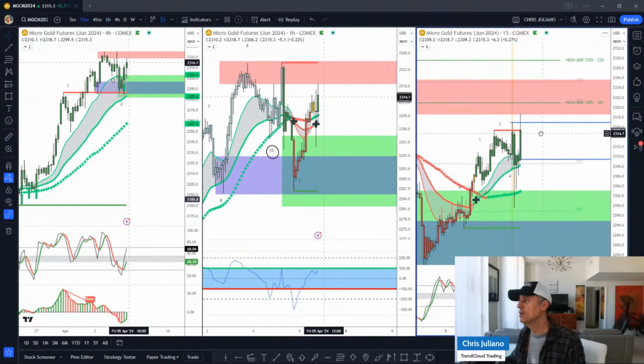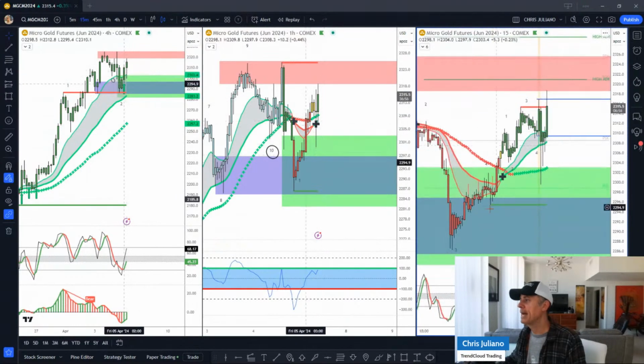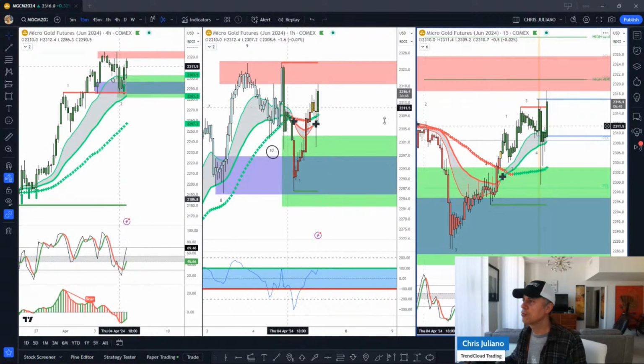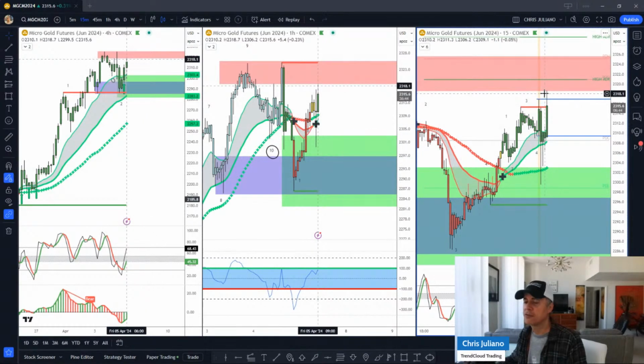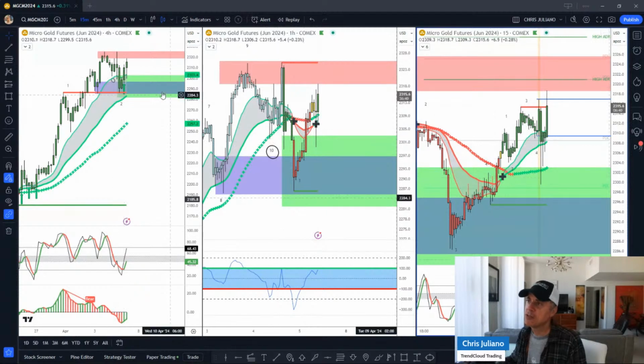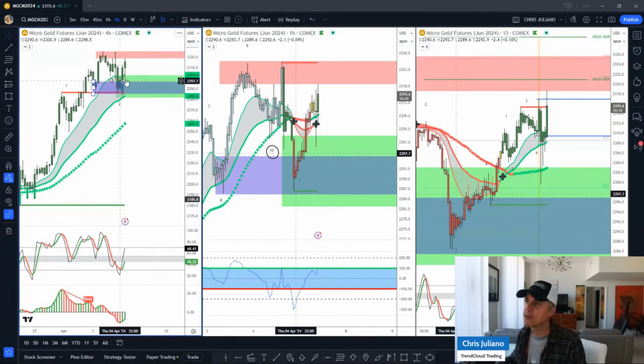So let's see what happens here. We pulled back into the 1 hour demand zone, made a really nice move, broke through that 1 hour and also 15-minute trend cloud to the upside. And what did it do? It pulled back into the 4 hour trend cloud, right into the green.